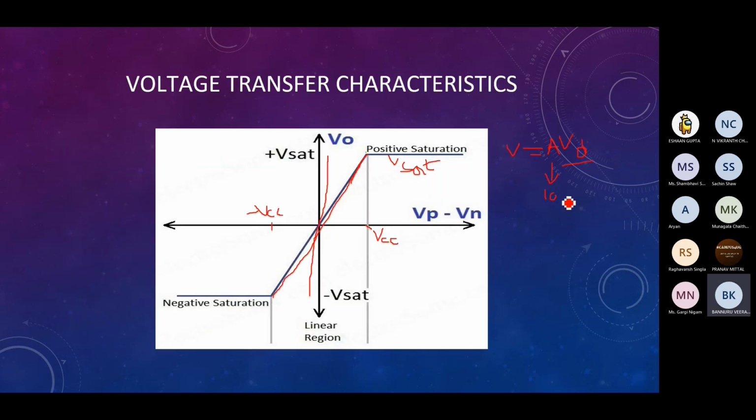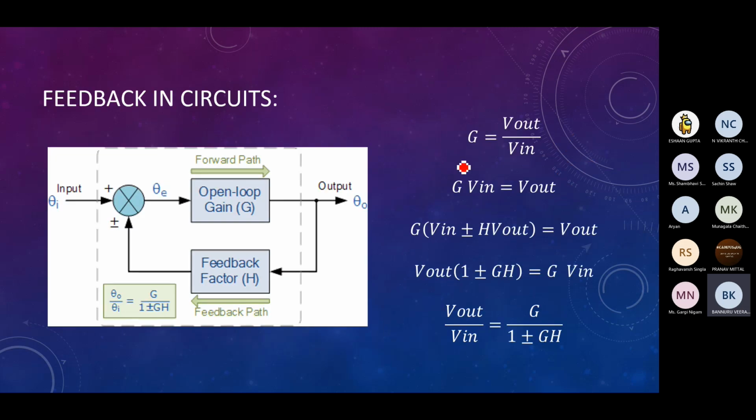Since the gain is of the order of 10 power 6, the operational amplifier will immediately reach positive saturation or negative saturation, because the gain is very high. So to control this, we will be using feedback in the circuit. What is meant by feedback in a circuit?